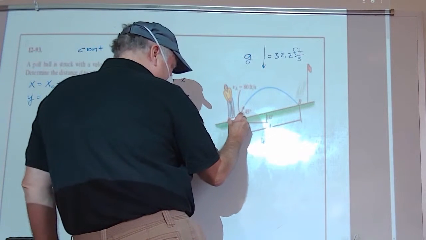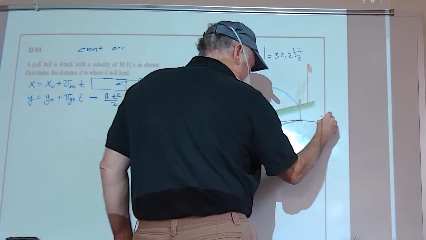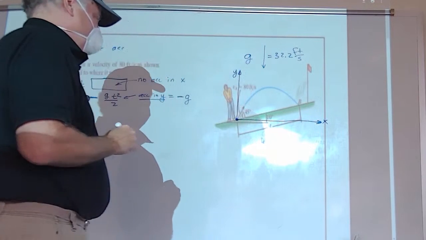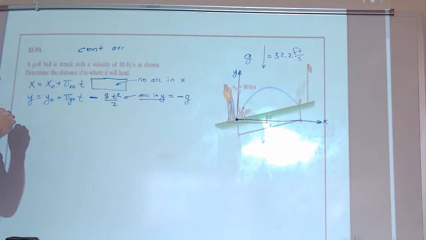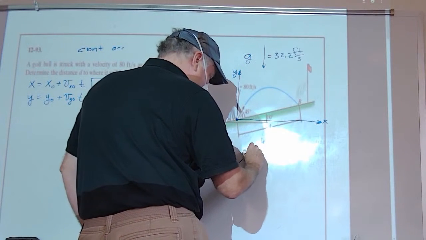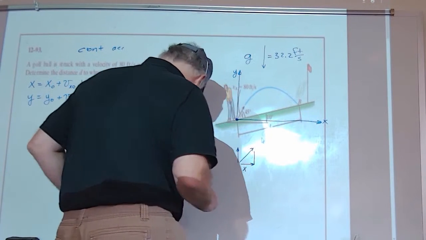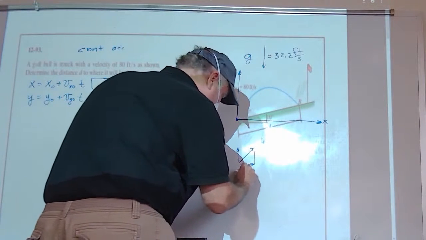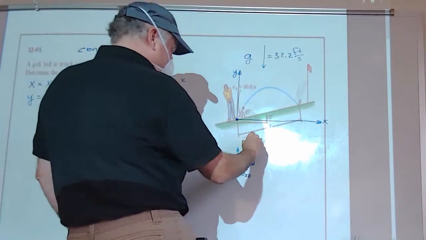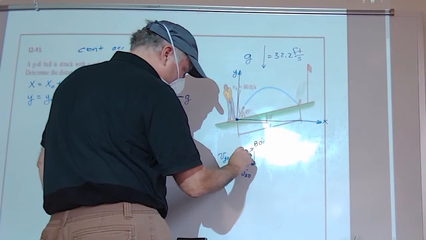So what I'm going to do is pick my coordinate that goes like that for x, this for y, and then I need to break the initial velocities into v x naught and v y naught. The angle is 45, so this is 45 and that's 45.